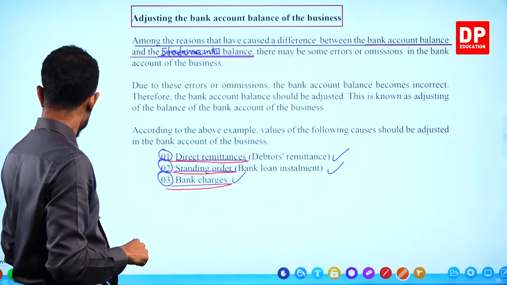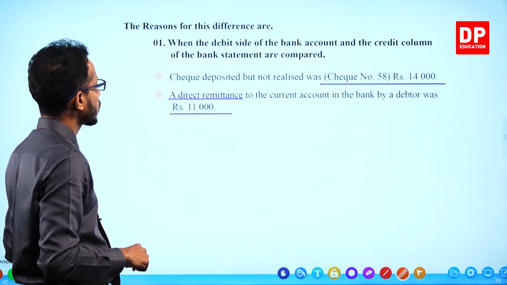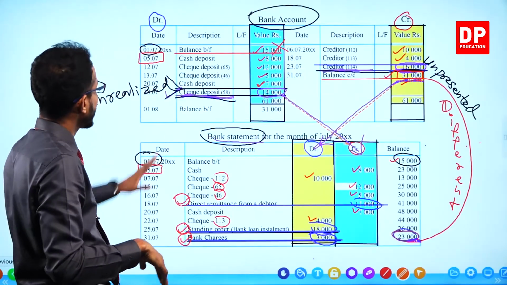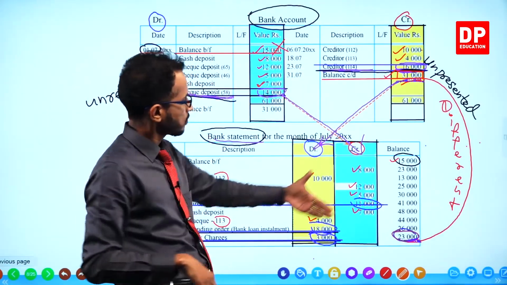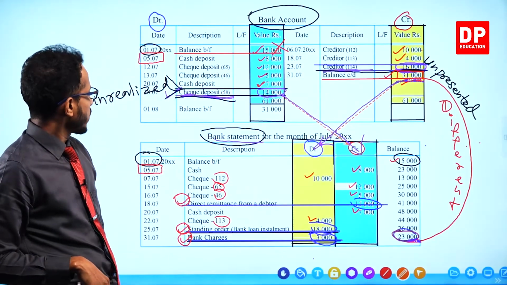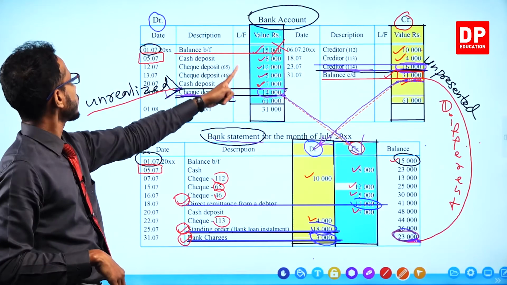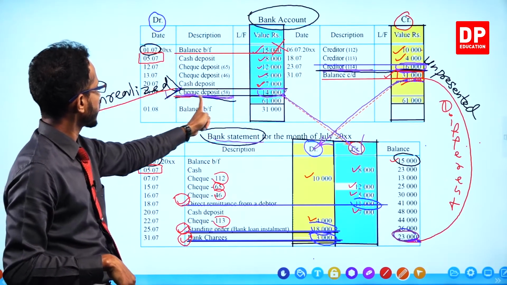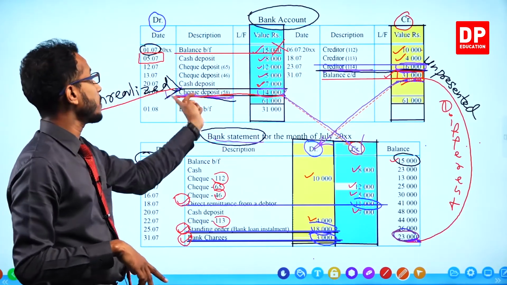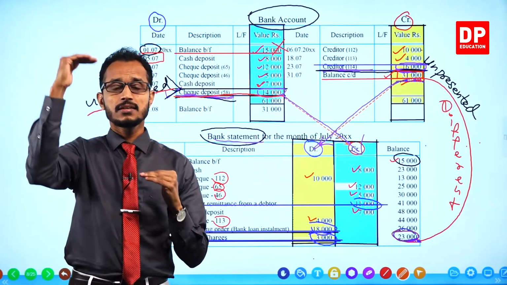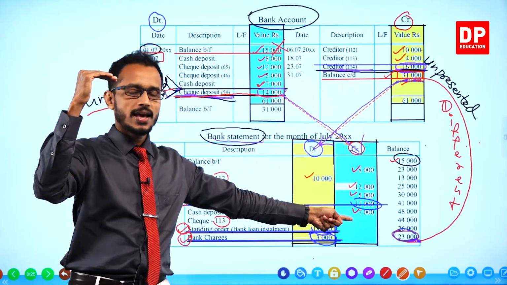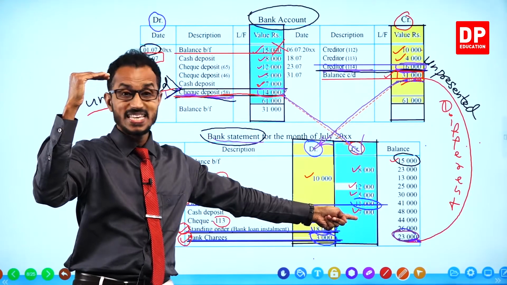Children, back then, when we worked out this example, I told you that unrealized checks are on the debit side. That means we have debited. Our bank balance has increased, but the bank statement has not taken them yet.